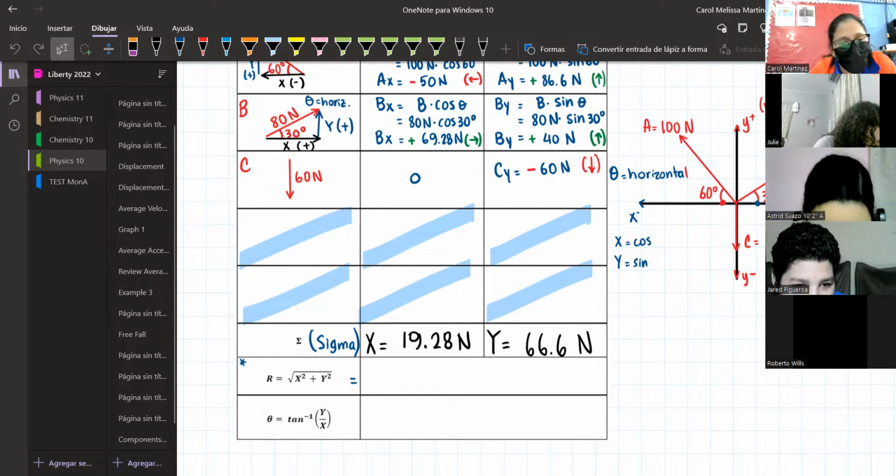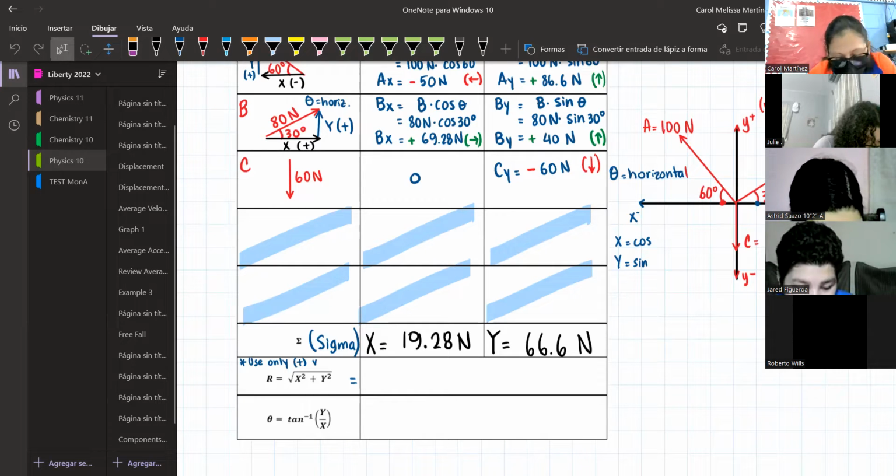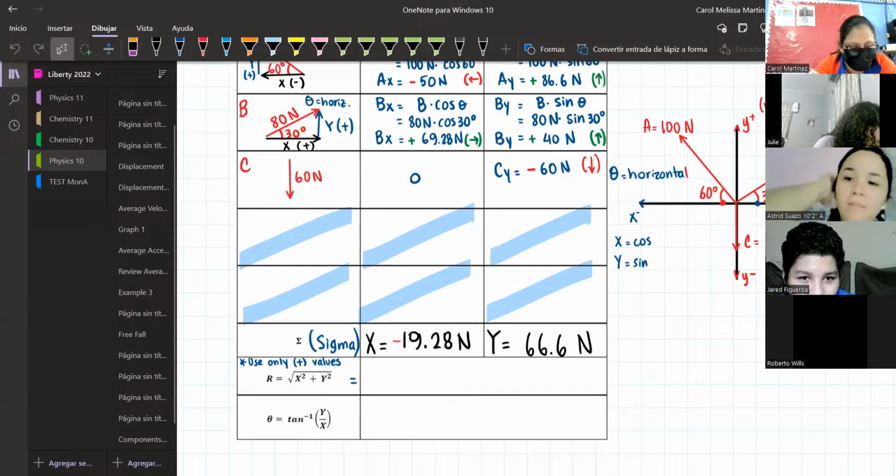Now, one more thing about this. When you get a resultant, you will use only positive values, okay? In this formula, you will use only positive values. Don't forget. So imagine that I give you negative 19.28. Here in the formula, it's gonna be positive.